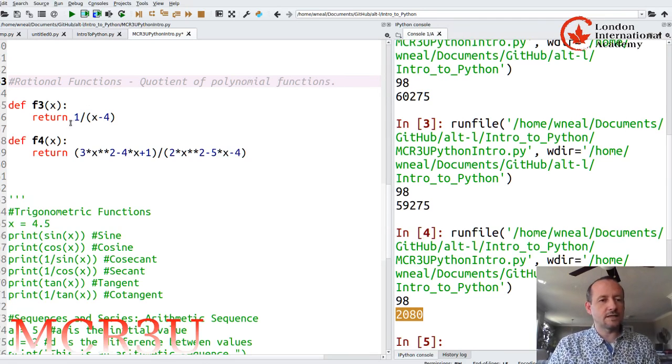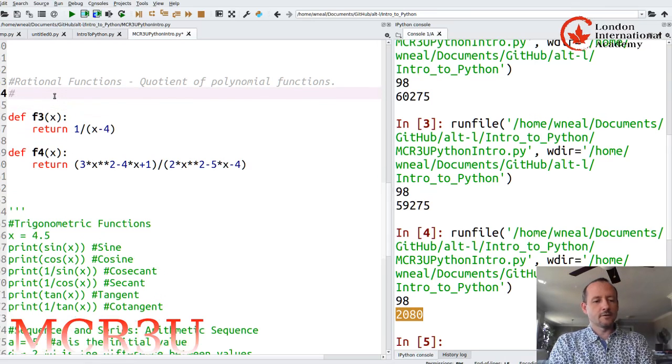That's a division. See, the numerator divided by the denominator. So there's some good vocabulary. So we have the numerator, which is on the top, and it's divided by the denominator on the bottom.